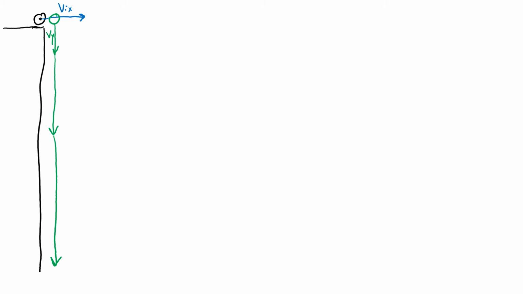Okay, it gets faster and faster. I'll even draw this a little bit longer. So on your page, I want you to use a color for your vertical velocity vector. Make a small arrow and then larger and then larger.